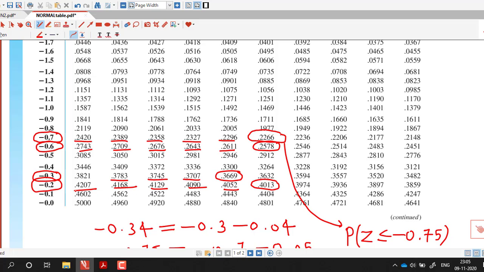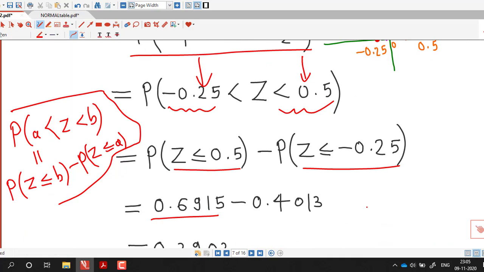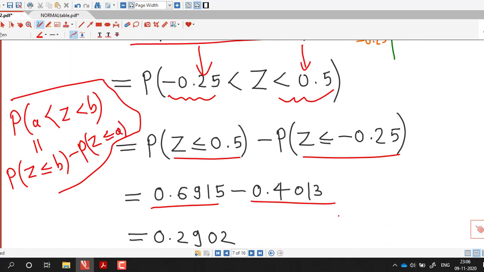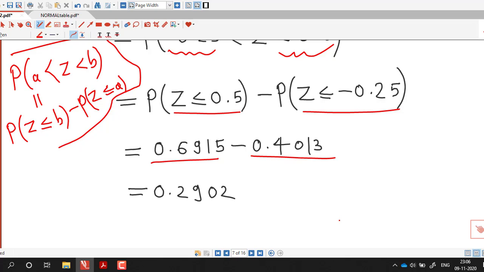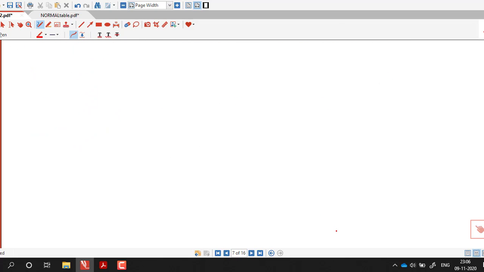So probability that z is less than or equal to minus 0.25 is 0.4013. Okay, which is written here, and the difference is 0.2902.